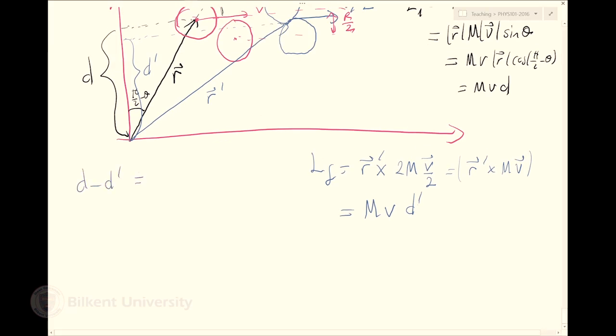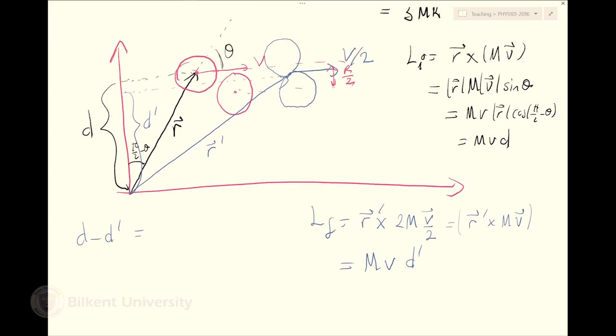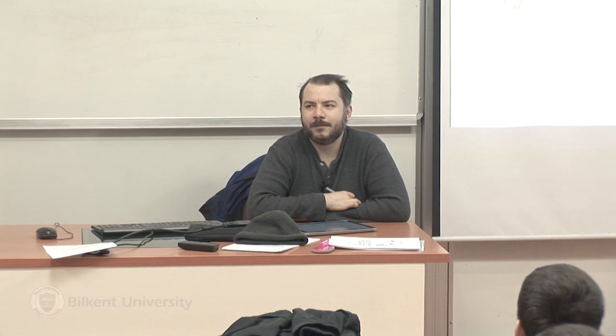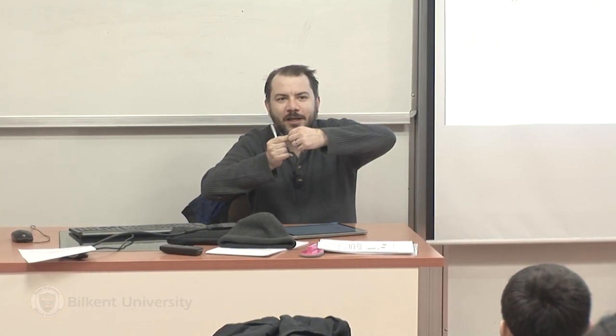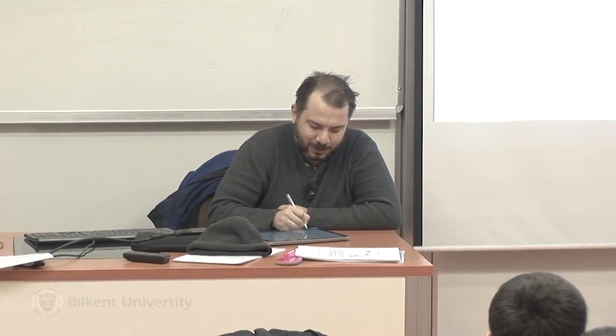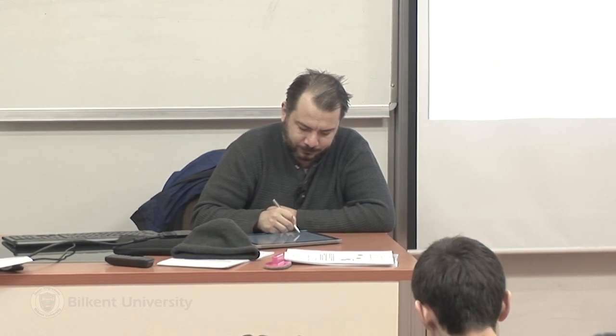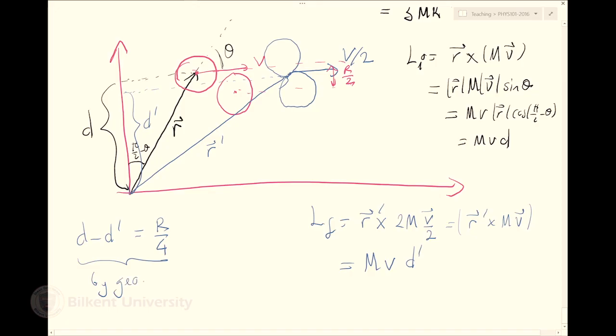D minus d prime is what? Because the system is symmetric, right? The contact point is r over 2 away from both centers. R over 4 away from both centers. So by geometry, I have d minus d prime as r over 4.